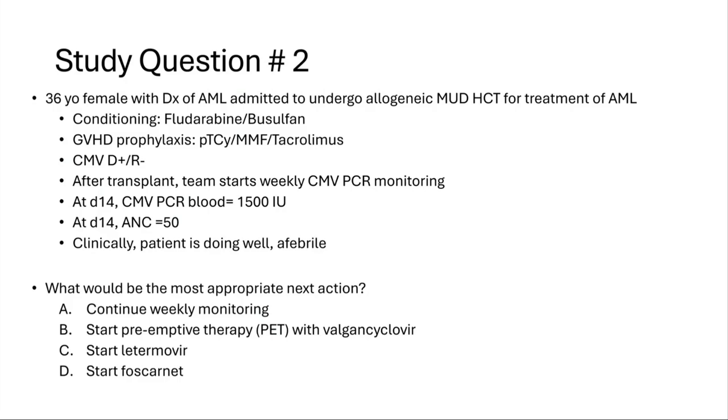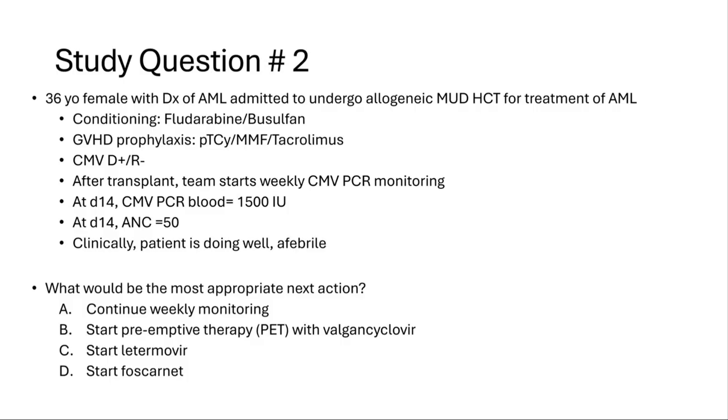What would you say? Intermediate. Yeah, so not your highest risk, right? So because of that, I'm going to tell you preemptively that for those patients, we use weekly CMV monitoring. That's what started after the transplant.